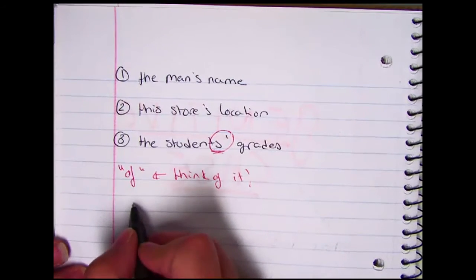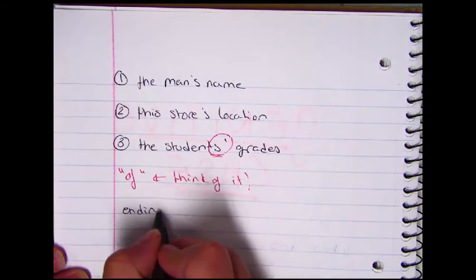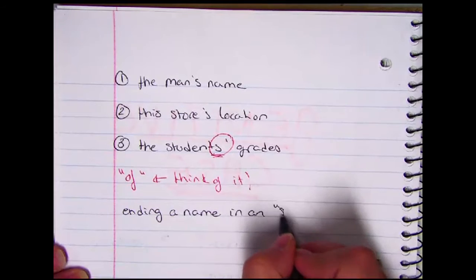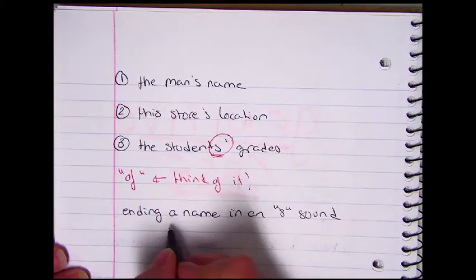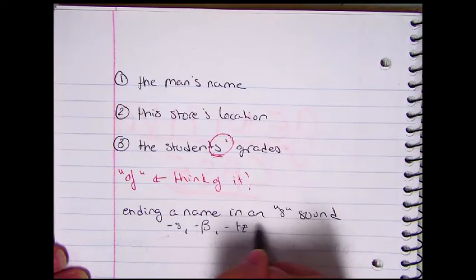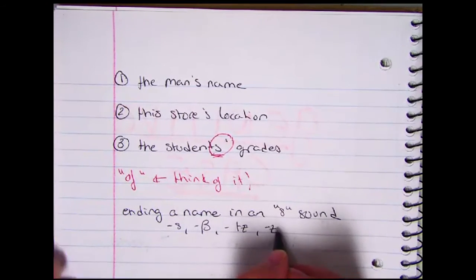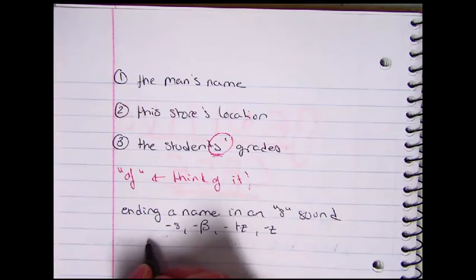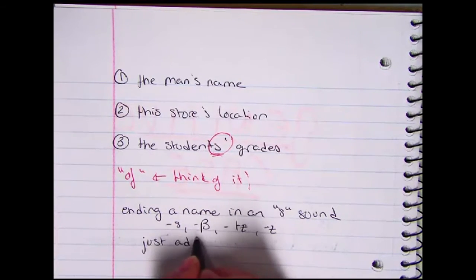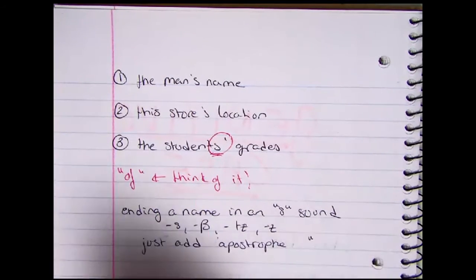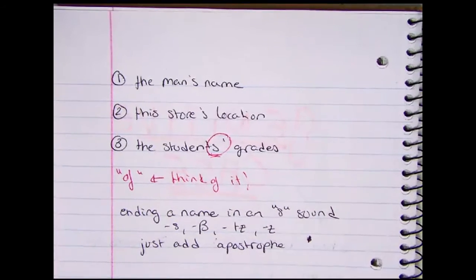If you're ending in an S sound, so S sounds are the S itself, the sharp S, TZ, the Z sound itself sometimes sounds like an S. So anything that might sound like an S, you're going to just add an apostrophe.